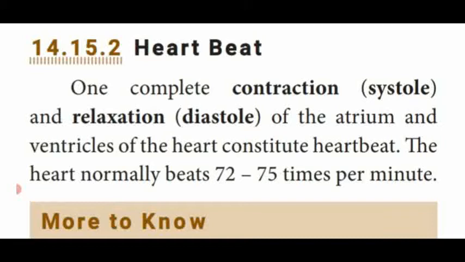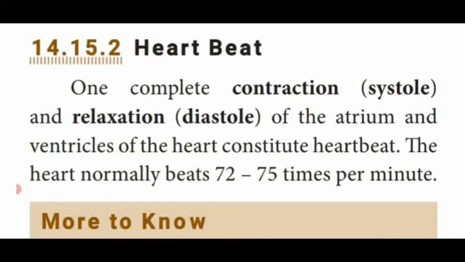So these two processes, which take place in the atrium and ventricles of the heart, constitute the heartbeat. What is heartbeat? One complete contraction, that is systole, and relaxation, that is diastole, of the atrium and the ventricle of the heart constitute the heartbeat.